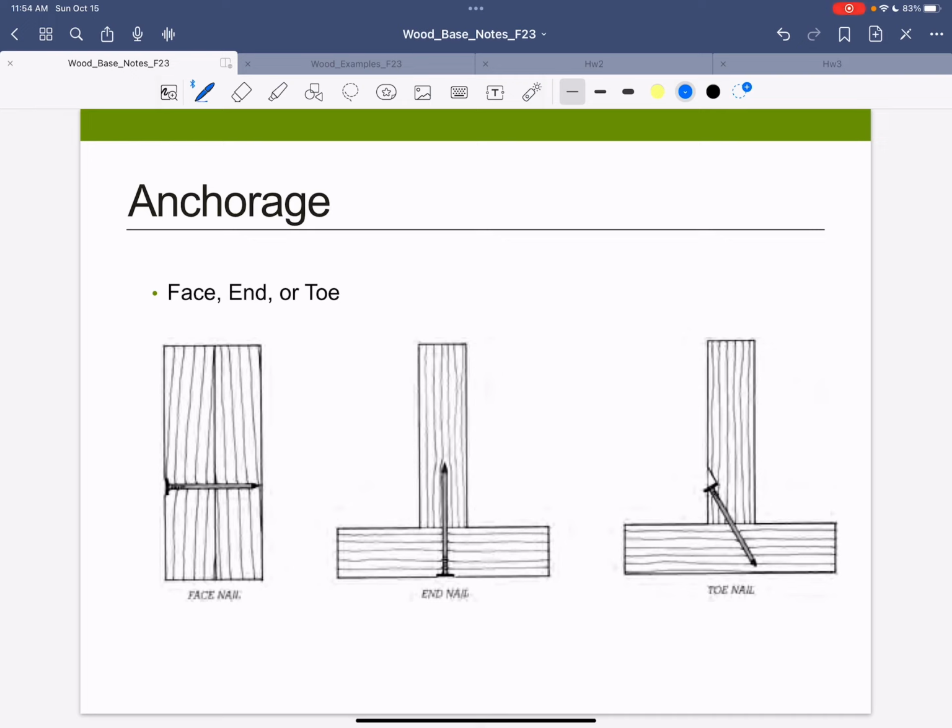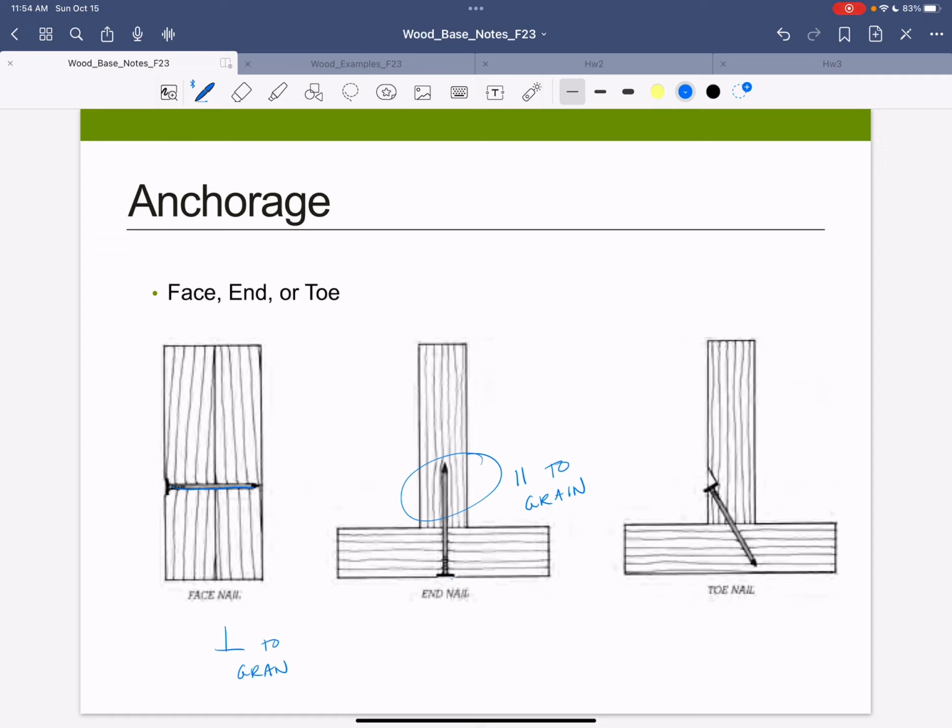Okay, anchorage. Nailing two boards together. Clearly, I'm nailing perpendicular to the grain through both of them. If I'm doing this type of thing, then end nail, this would be, for this guy here, parallel to the grain. And as you can imagine, the wood behaves differently.